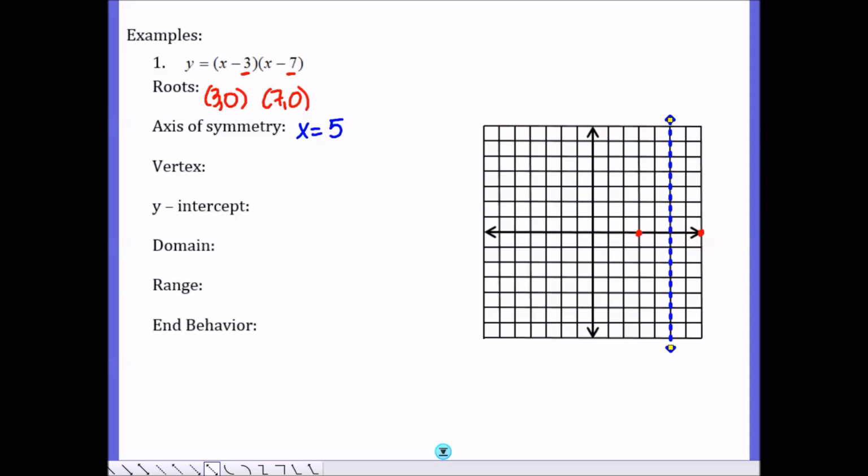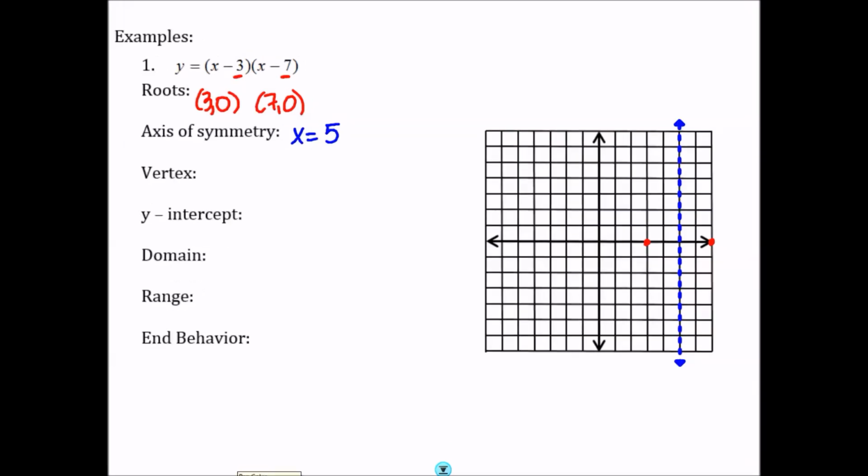Then our vertex. We know that our vertex is going to be 5 and then whatever the y value is. So you can either do this in your head. If you plug 5 in for x, you get 5 minus 3 times 5 minus 7. So you get 2 times negative 2, which is negative 4.